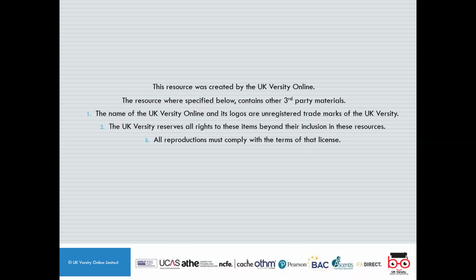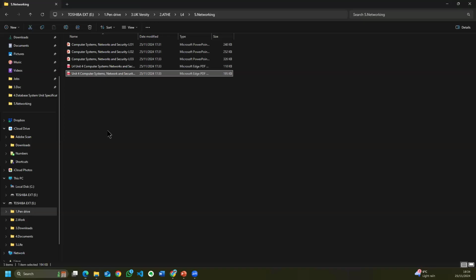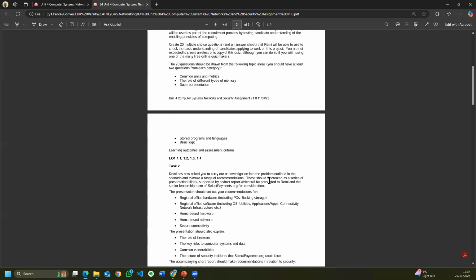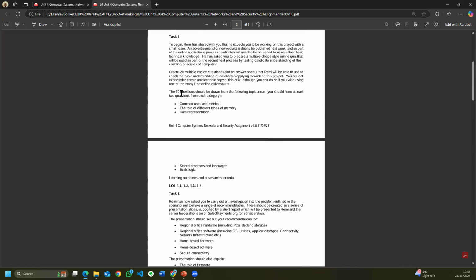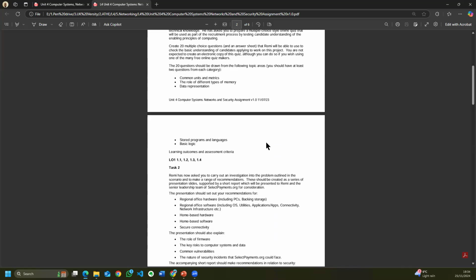So I was looking at the assignment, and I think the first task is looking at learning outcome 1, the 5 different parts that make it up, and it's about creating a multiple-answer questionnaire for new people starting in the organization, to test them in interviews to see if they understand those areas.